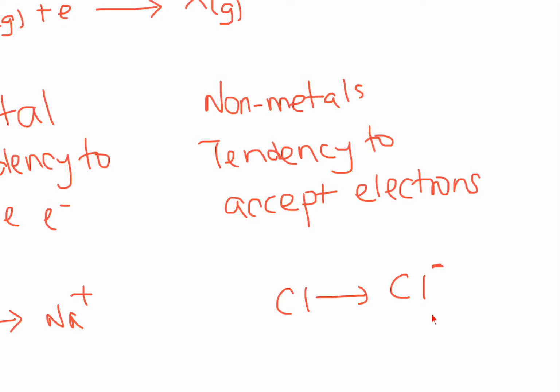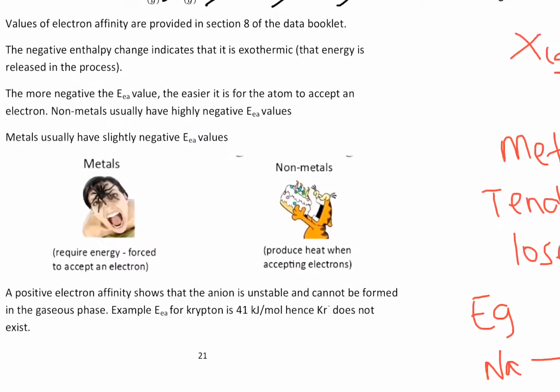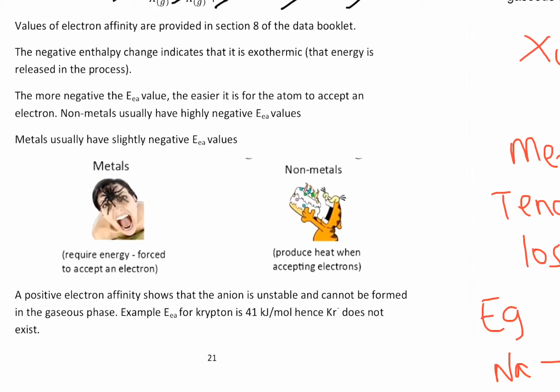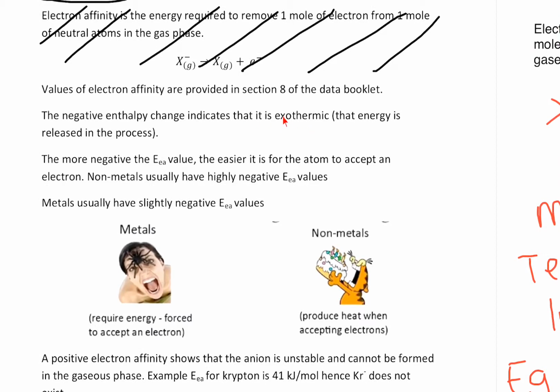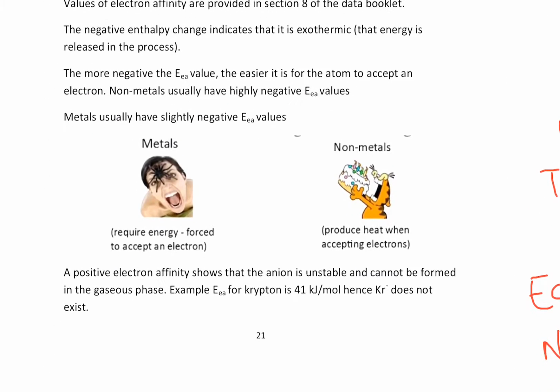So it normally has a tendency to accept electrons, which means that it's easier for non-metals to accept an electron. So the more exothermic, the higher the value, the more negative the value, the easier it is for the atom to accept an electron. This is why non-metals usually have highly negative electron affinity values.